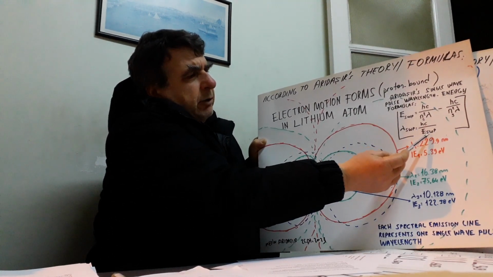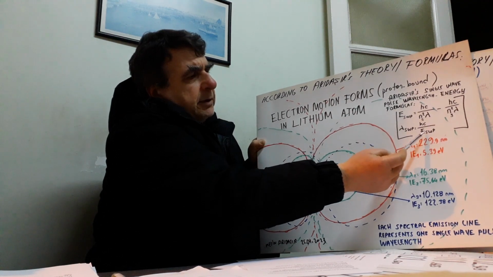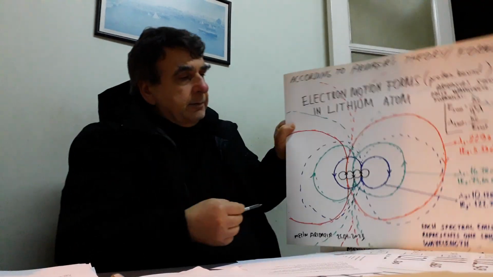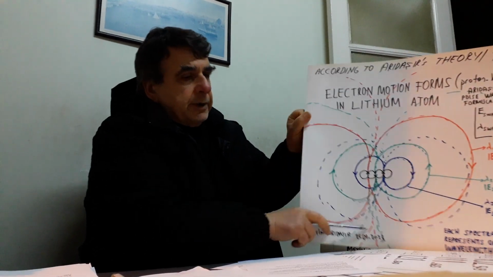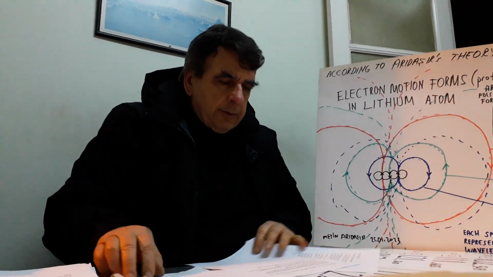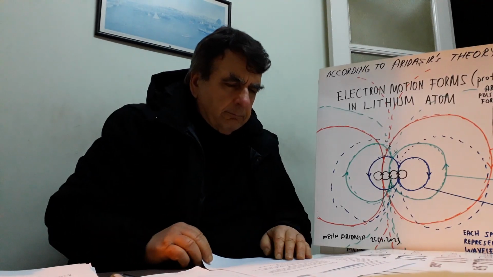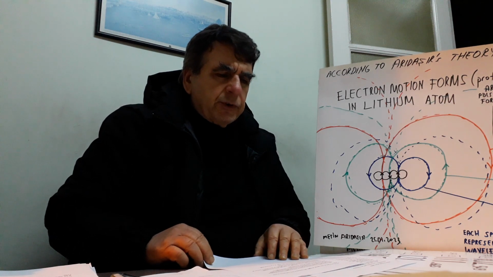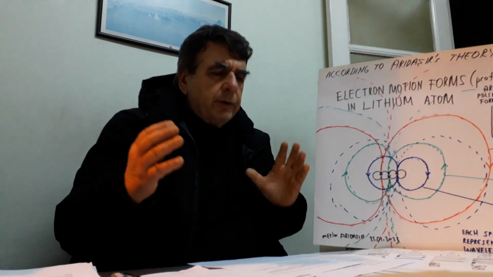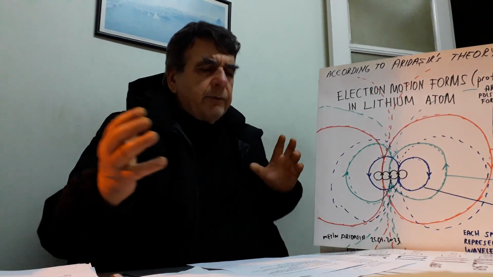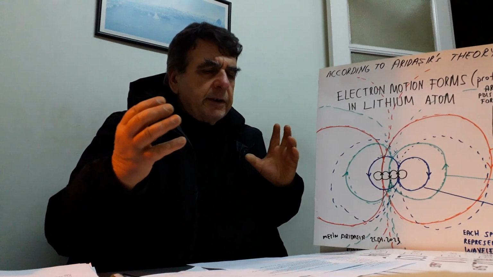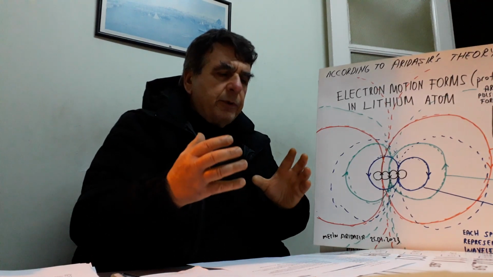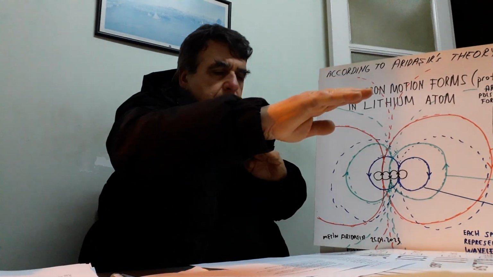If we find the single wave pulse energy, Hc divided by E is equal to the spectral line wavelength. The difference between the shrunken electron wavelength's corresponding energy and the expanded wavelength's corresponding energy is the single wave pulse energy, and its corresponding representative wavelength is the spectral line wavelength value.